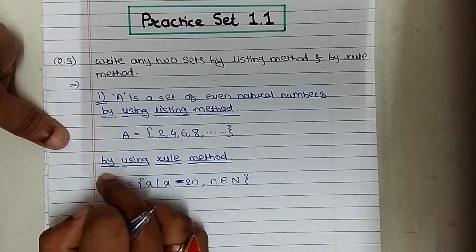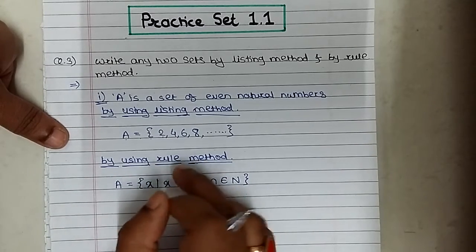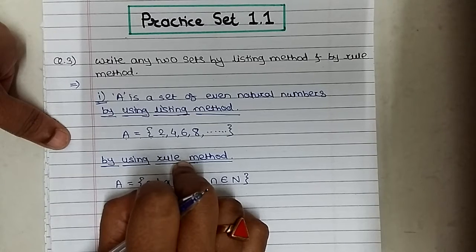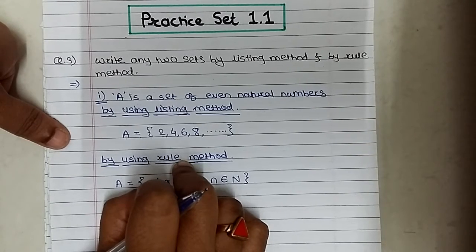Next is by using the rule method. In the rule method we don't write any elements, we write a general format.